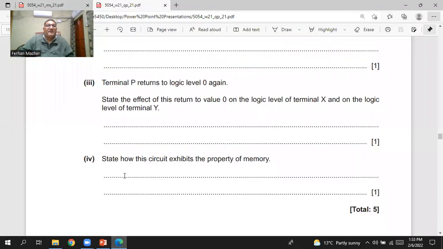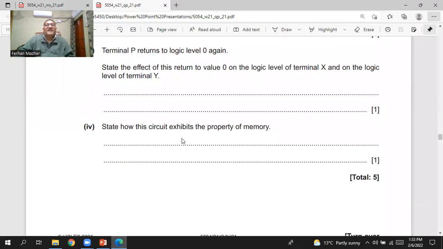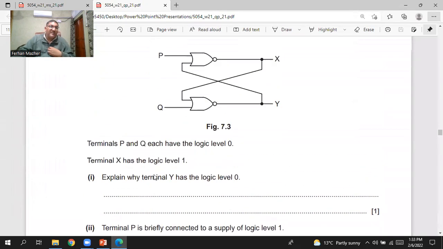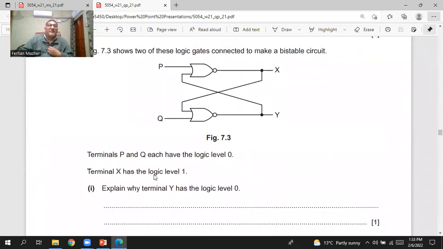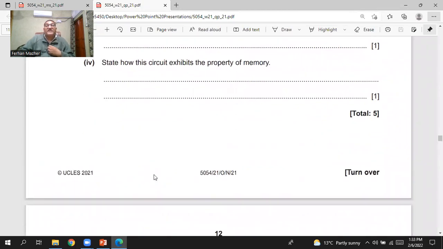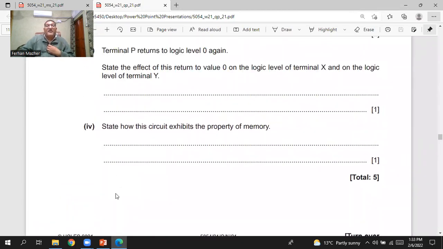Now state how this circuit exhibits the property of memory. This circuit is used in the computer to store memory. So how does this exhibit the property of memory?